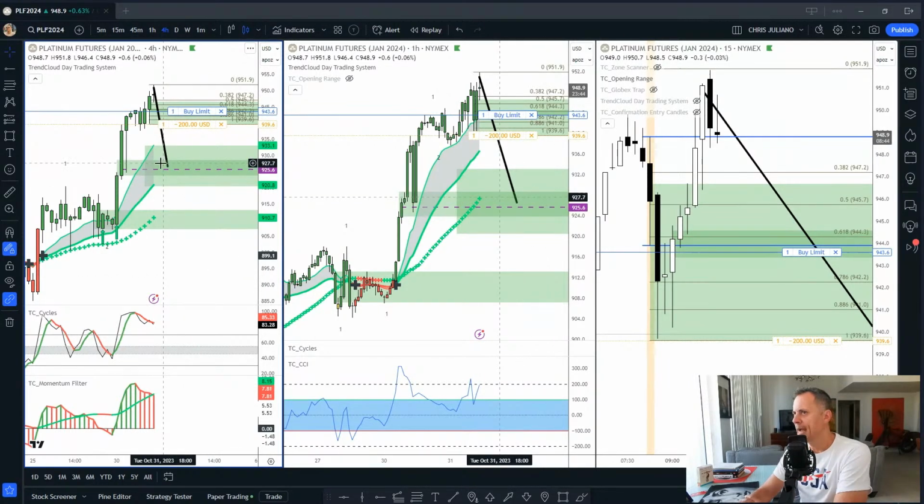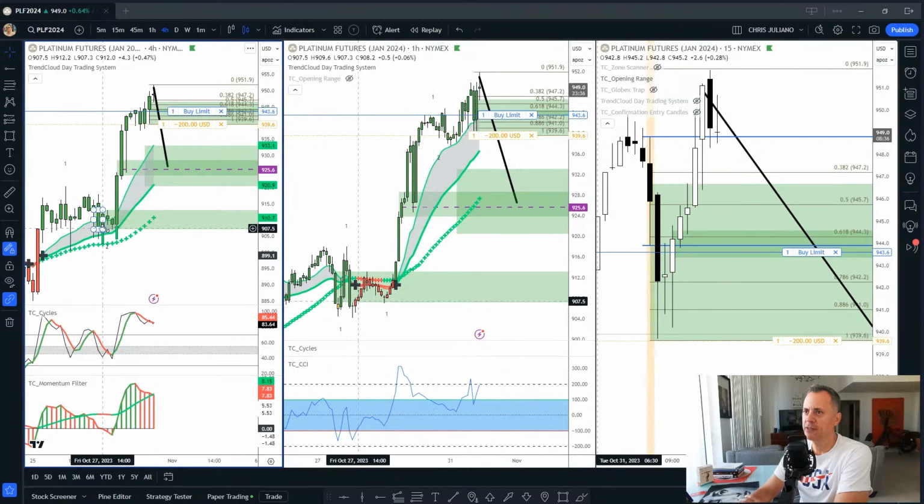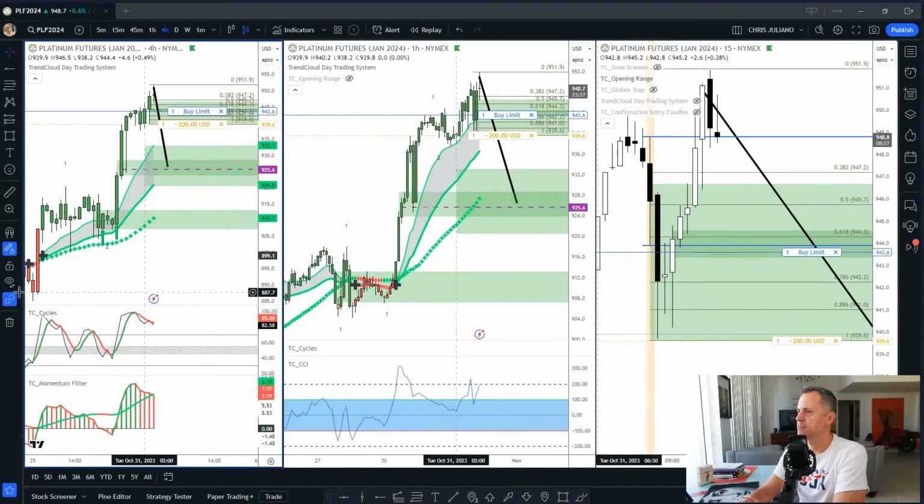So we've got a 1 hour zone, a 1 hour demand zone in the middle of the high time frame trend cloud. And we've got this rally, base rally right at that market edge, that line in the sand. So yeah, excellent.